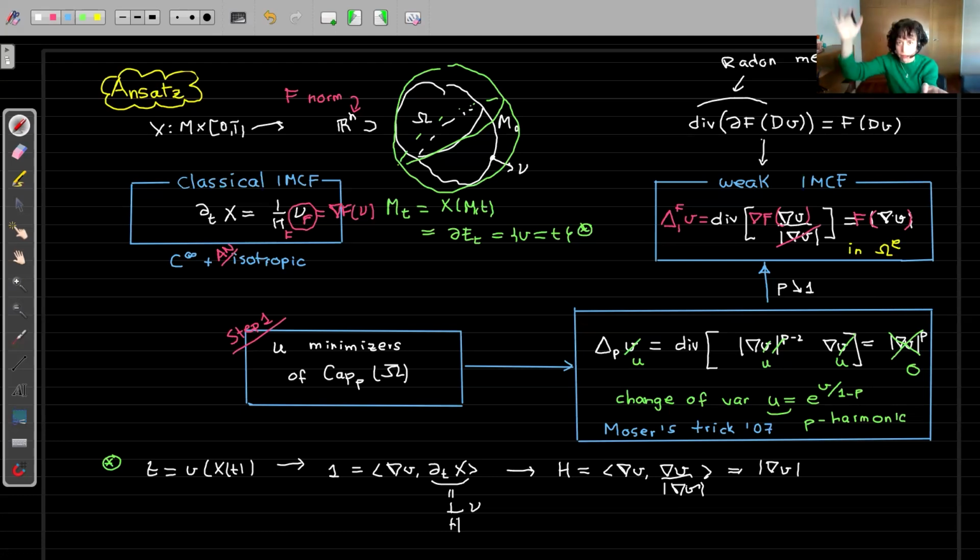So we want to mimic this procedure for the anisotropic setting. For the anisotropic setting, you will have here an F p-Laplacian, with F of the gradient and gradient F here, which kills 1 there. And then we will have F instead of the norm, that after the change of variable is still 0.